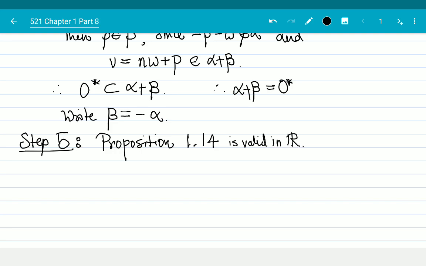In my notes, I might not have referred to it as 1.14. So let's go back to see what exactly 1.14 was, which is slightly annoying.